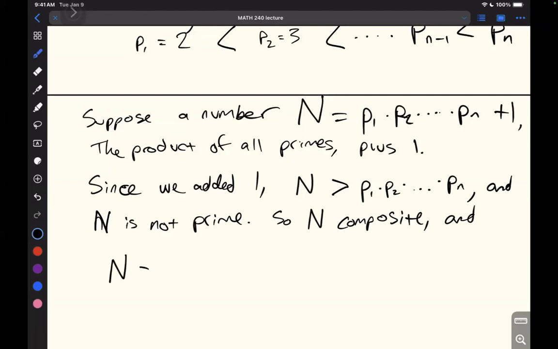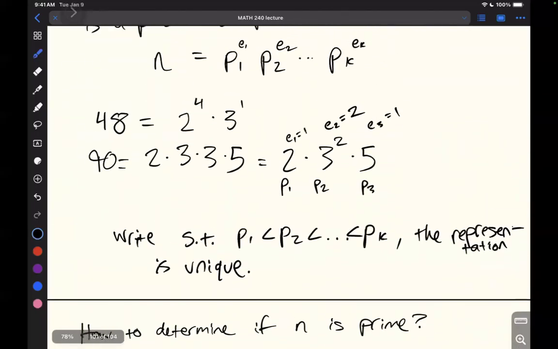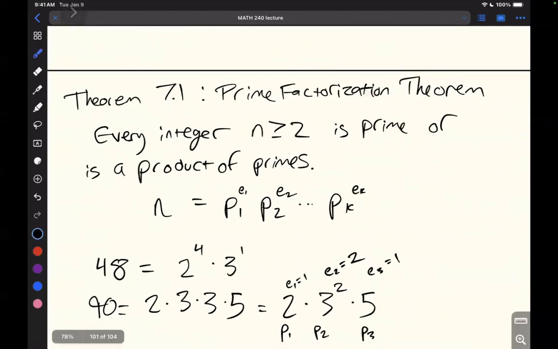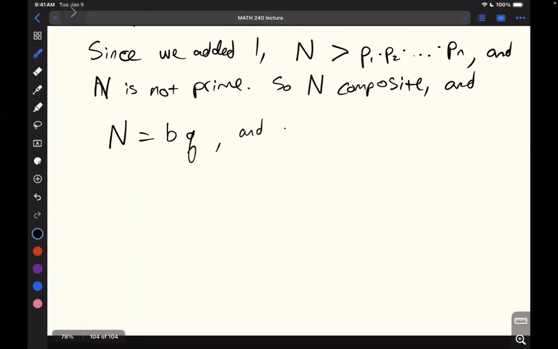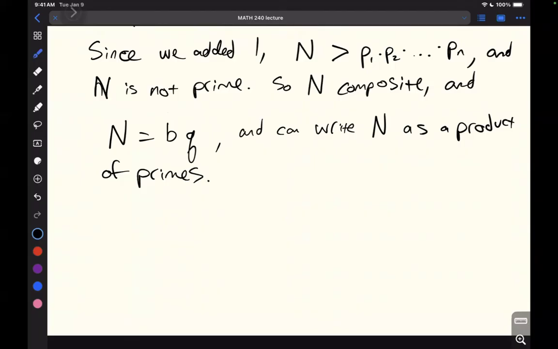And so if N is composite, then we can write it as some number b times q, which I might write instead as a product of primes, where we talked earlier about how we can write every composite number as a product of primes. And so that means there exists some prime.